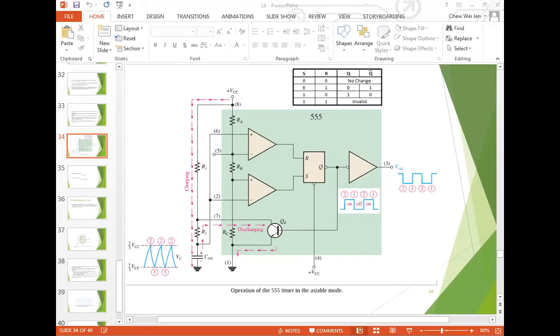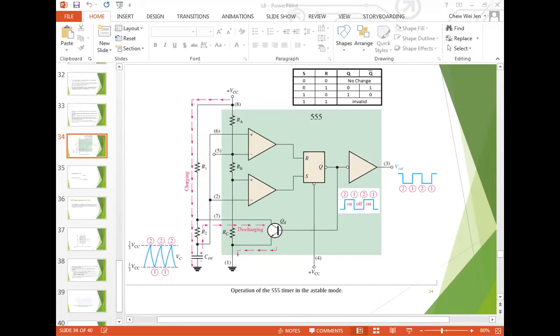So R is low and S is high, which means Q will be 1 and the output will be high. Because of the NOT here, that means it's low, so the transistor is off at the moment. So there is no discharge, and they only start charging your capacitor.